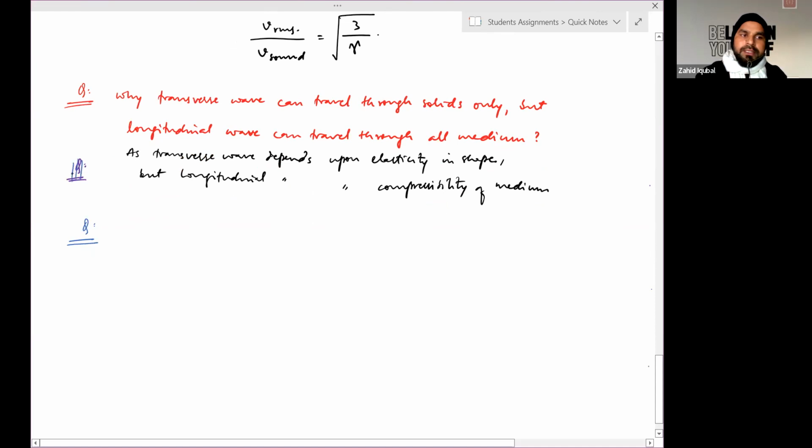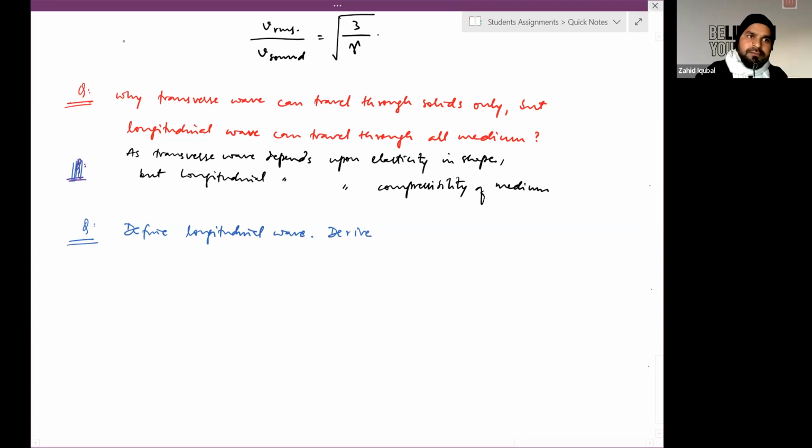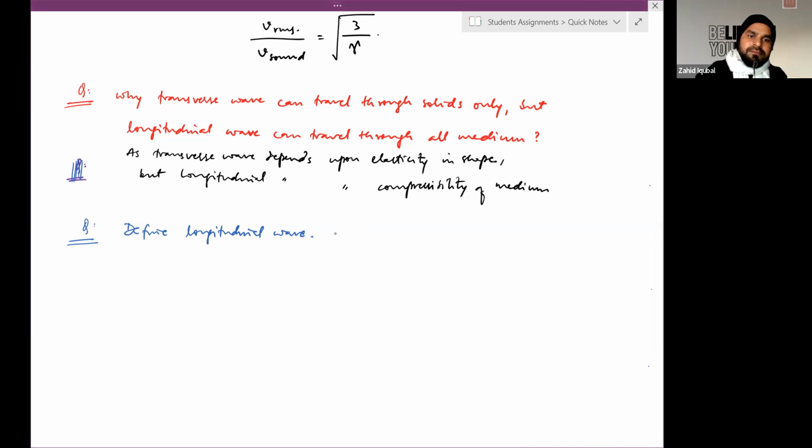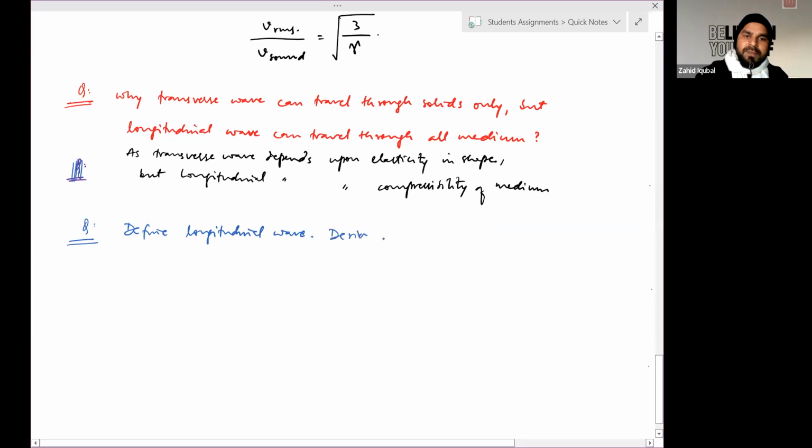Next question will be in this part: define longitudinal wave, derive the expression of velocity depending on beta and rho.